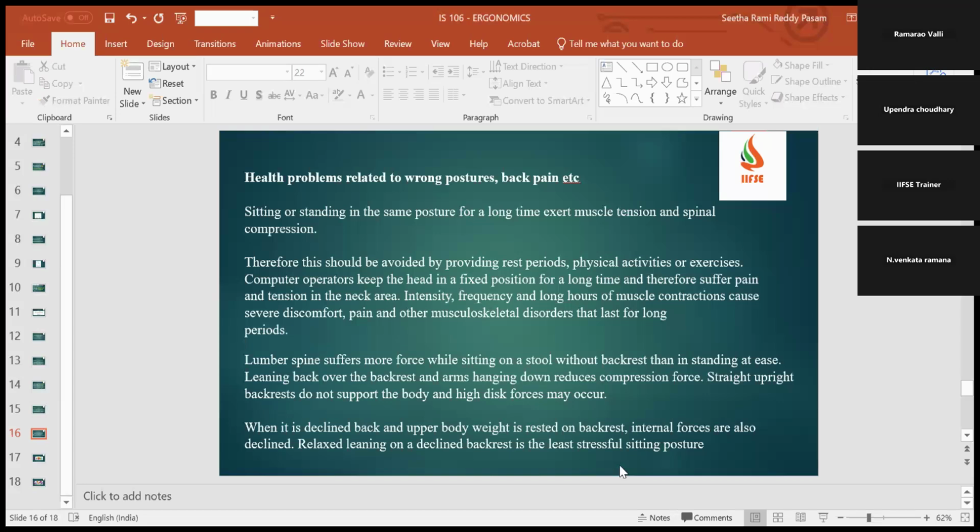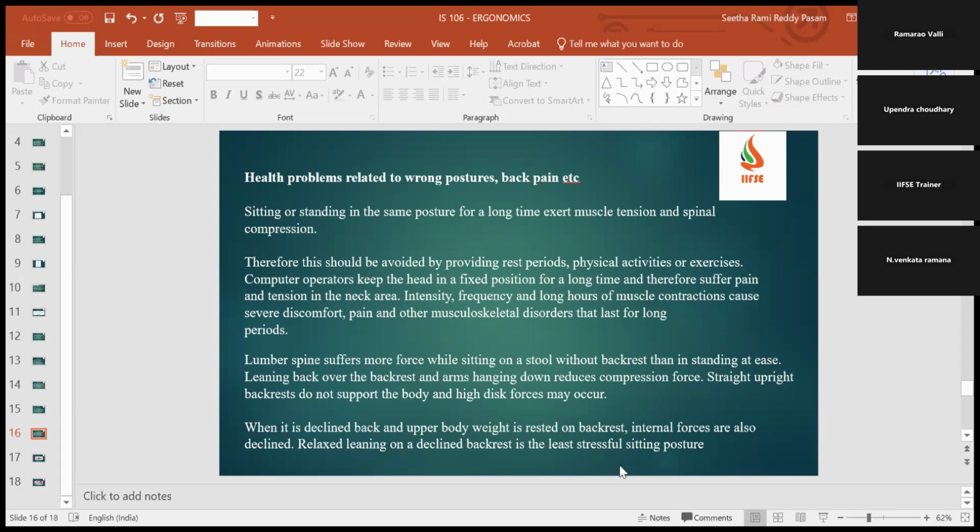So the lumbar spine suffers more force while sitting on a stool without a backrest. It is a simple stool, which you find especially in roadside tiffin centers.